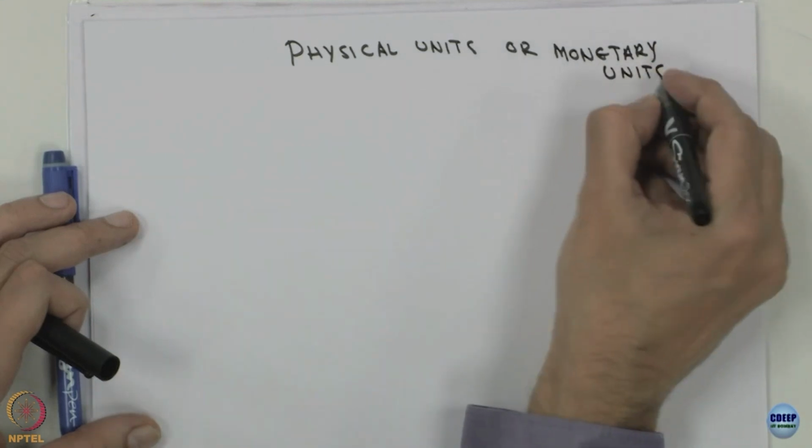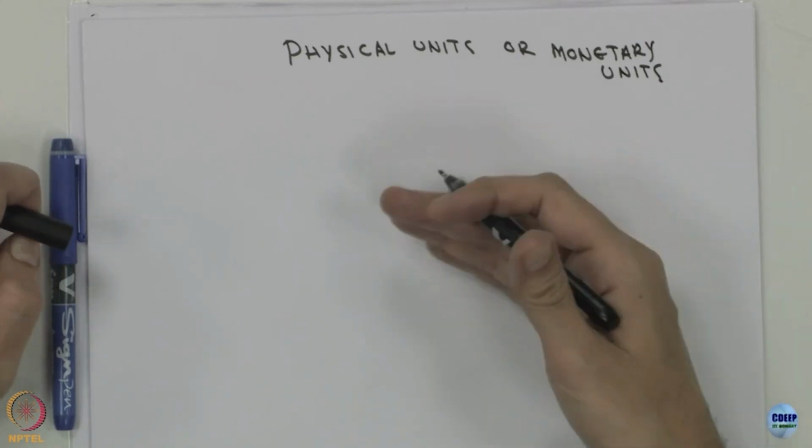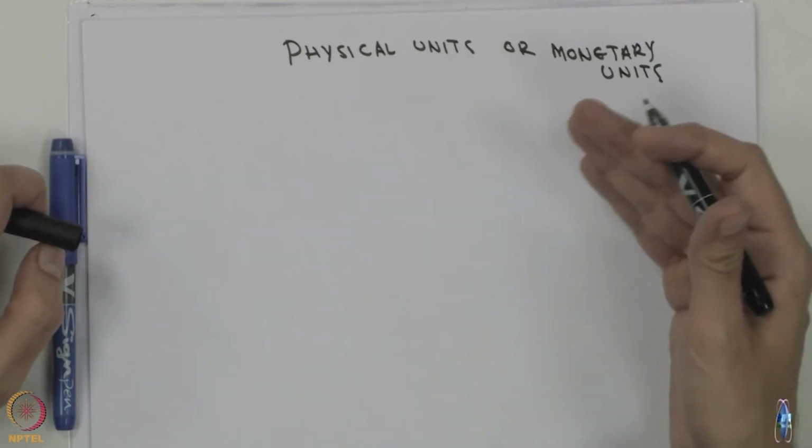If we are talking of so many million tons of steel produced over the year, so many million tons of cement, and so many million kilowatt hours of electricity, it is difficult when we add them all up to have multiple physical units.